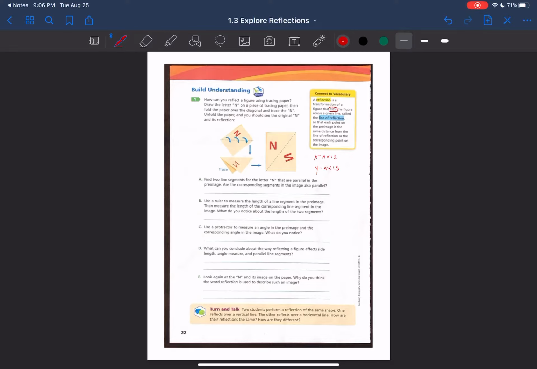What possibly comes to your mind when you're thinking of reflection? Maybe looking into a mirror. So the object is flipped from the way that you would originally see it, and the line of reflection is either going to be the x-axis or the y-axis. Remember, our x-axis is the horizontal axis, and the y-axis is the vertical axis.